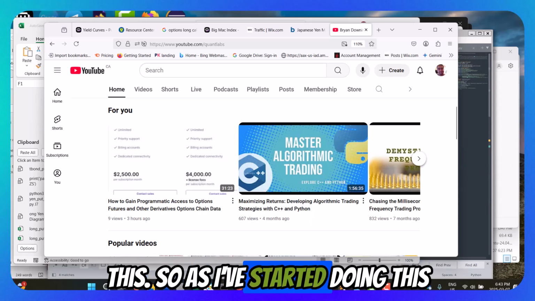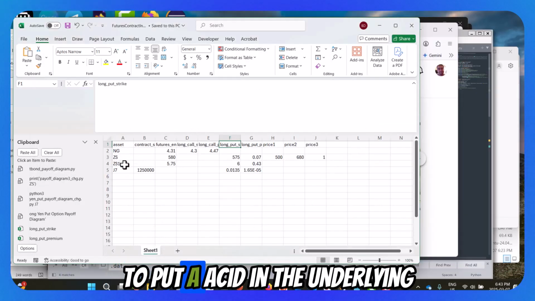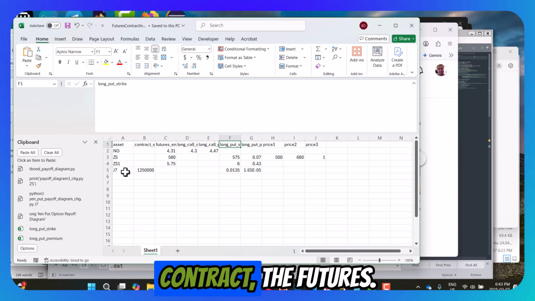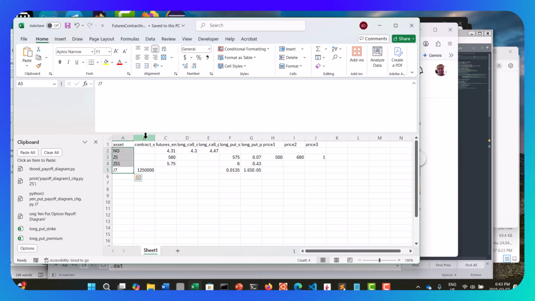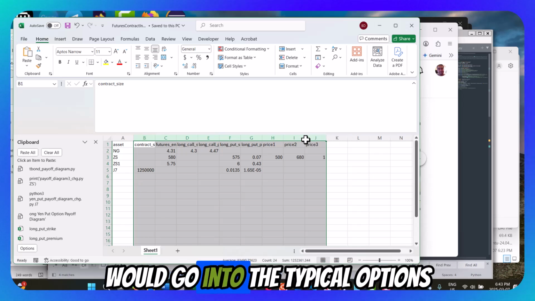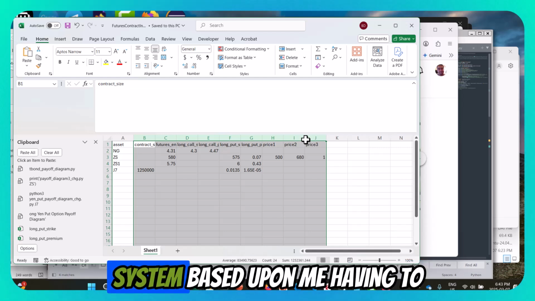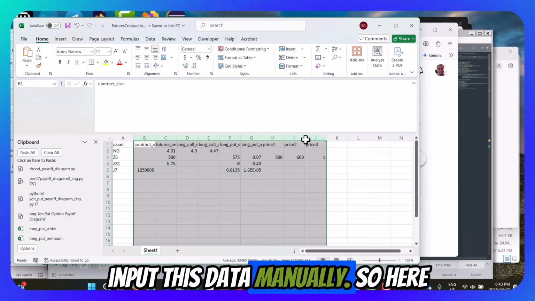So as I've started doing this now, what I had to do was put in an asset of the underlying contract, the futures, and then from there I have to build out all the parameters that would go into a typical options system based upon me having to input this data manually.